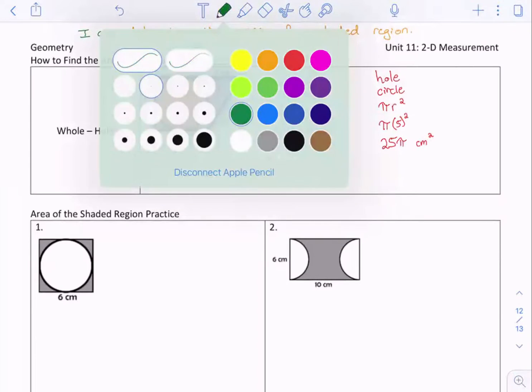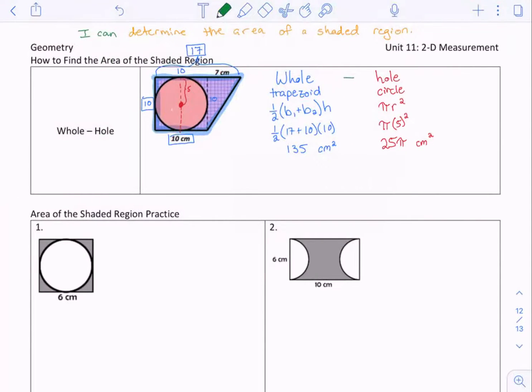So my last step is the whole thing minus any holes. So my area of that shaded region, this green piece that's all right here, all this area that they're looking and asking for, is the 135 minus the 25 pi. Now if it asked for an exact answer, that would be a correct exact answer.